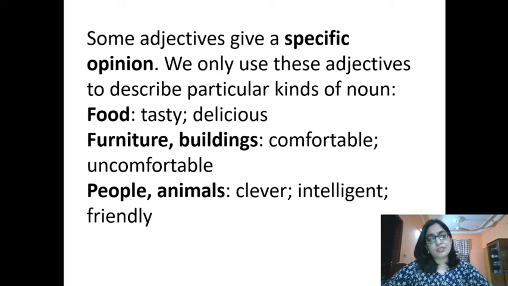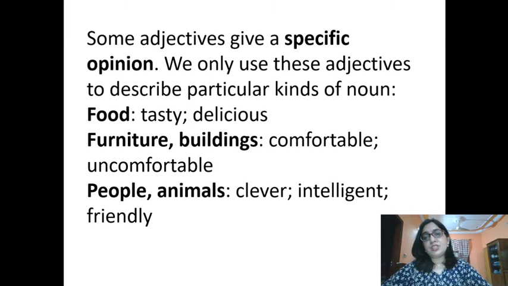Then comes a specific opinion. You have a general opinion and then you have a specific opinion. As you can see on your screen, I have given some examples. With food you have to use adjectives like tasty and delicious. I cannot say that my book is tasty, and I cannot say my mobile phone was delicious, because these two adjectives are specific opinion adjectives and they go with a certain type of nouns.